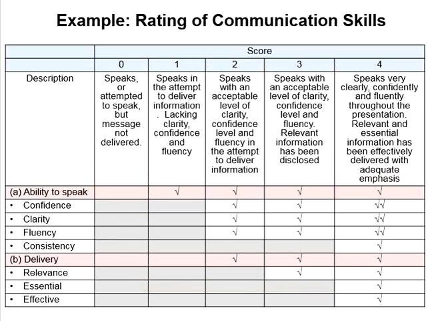Now let us look into it one by one. If you are looking into the ability to speak, you will have to think about the characteristics of a really good speaker. The person needs to be confident. There are clarity, fluency, and consistency throughout.